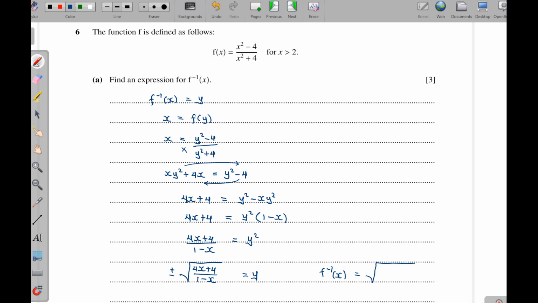So this one is going to be the square root of 4x plus 4, then out of 1 minus x. So when you reach here, you don't need to waste time. You just look at the sign which is used here for the domain. This is greater than 2. So if it is greater than 2, then we choose the plus sign. If they had used less than, then we use the minus sign. So for that case, we are having the plus sign there.